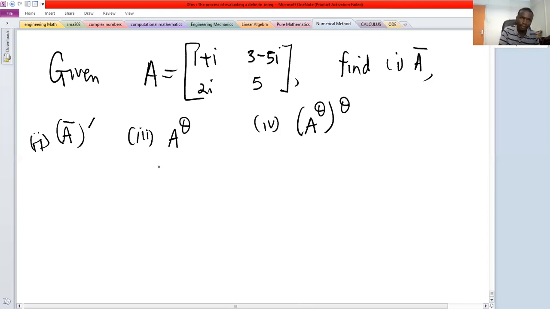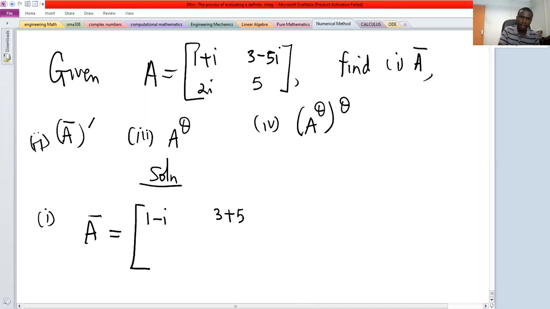So solution, part 1: the conjugate of A will be given by: the conjugate of this element is 1 minus i. This will be 3 plus 5i. This will be minus 2i. This remains 5. So that's the first part.